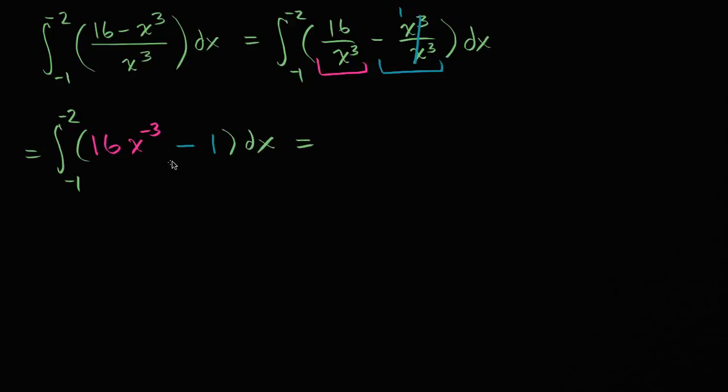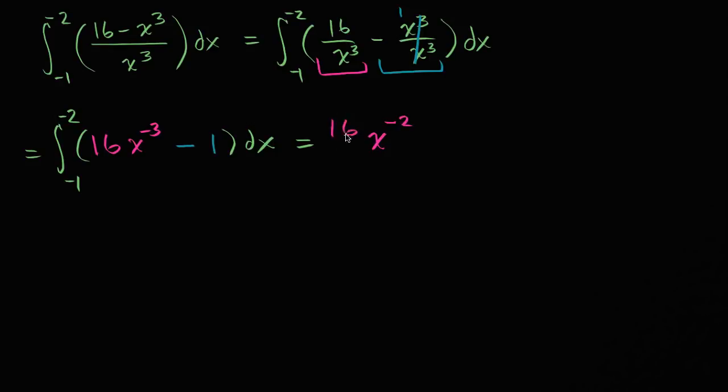And so what is this going to be equal to? Well, let's take the antiderivative of each of these parts, and then we're going to have to evaluate them at the different bounds. The antiderivative of 16x^-3, we're just going to do the power rule for derivatives in reverse. You increase the exponent by 1, so you go from -3 to -2, and then you divide by that amount, by -2.